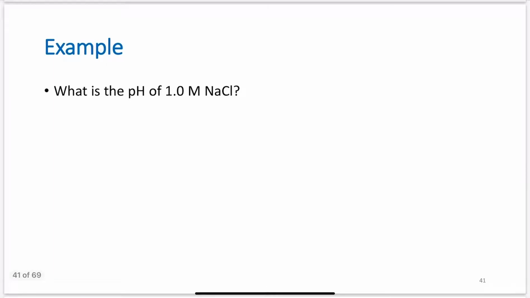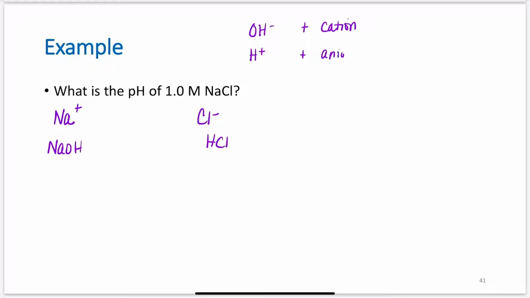What is the pH of a 1 molar NaCl solution? The shortcut to this is to think about, where did NaCl come from? NaCl, Na+, Cl-, NaOH, and HCl. Again, I always add hydroxide to the cations. I always add a proton to an anion.